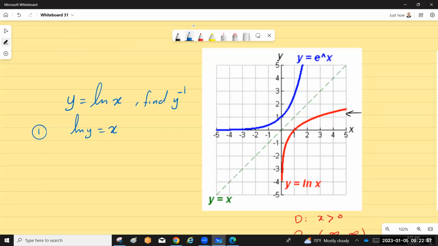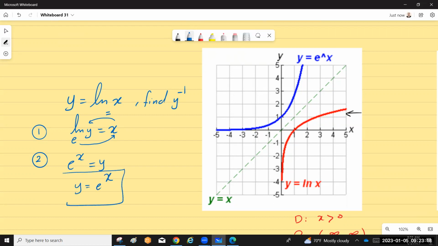After that, express this logarithmic equation in exponential form. You know the base of ln is e. So just write e to the power x equals y. And this function now is the exponential function, and this is the inverse function.